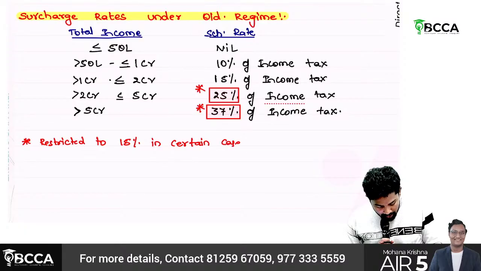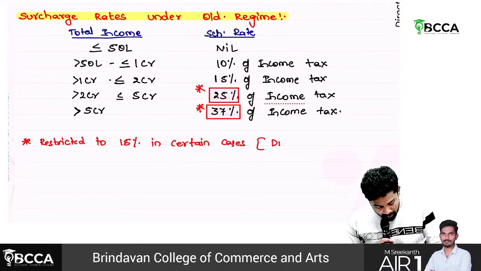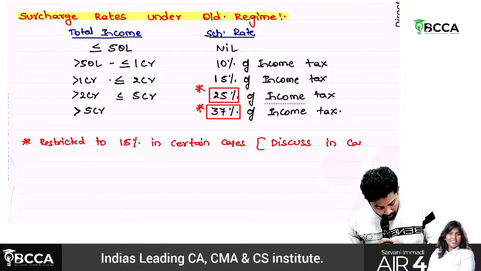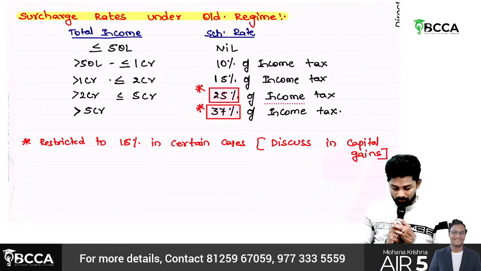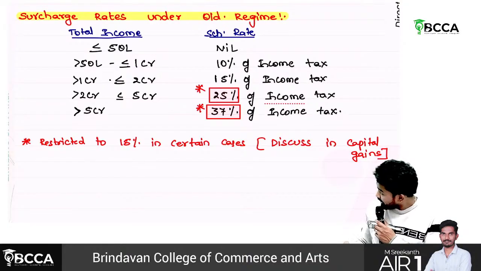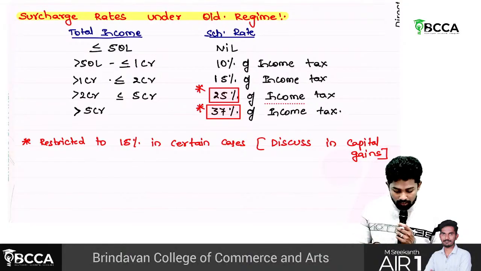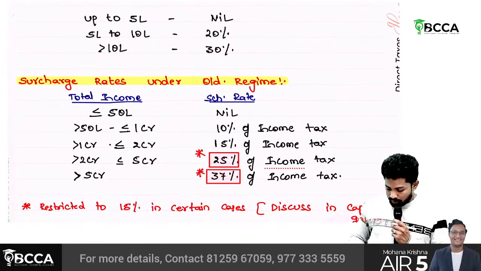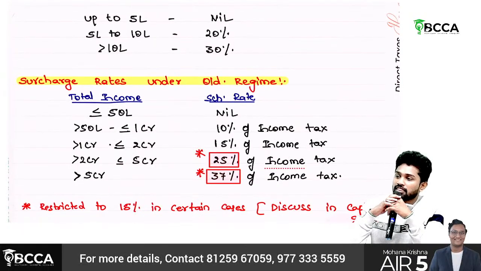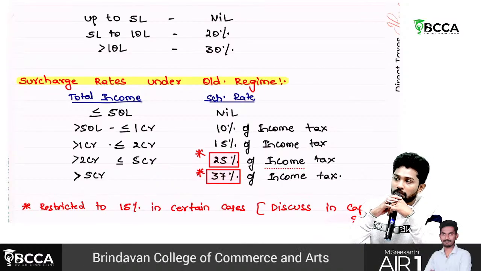Those certain cases we'll discuss in capital gains. We'll discuss in which chapter? That also in capital gains chapter. So again, whenever there is surcharge, again there will be what? Marginal relief. Okay.